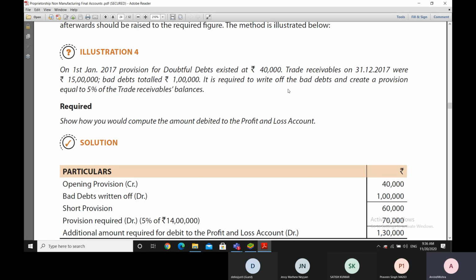And if there are still some bad debts which are not written off, then they have to be written off against the customers' balances.